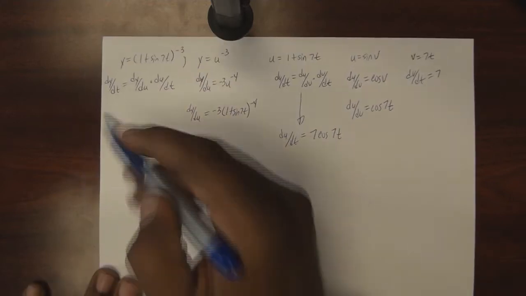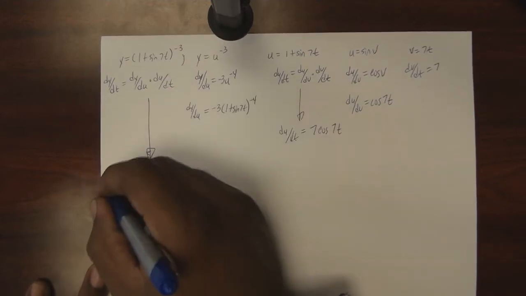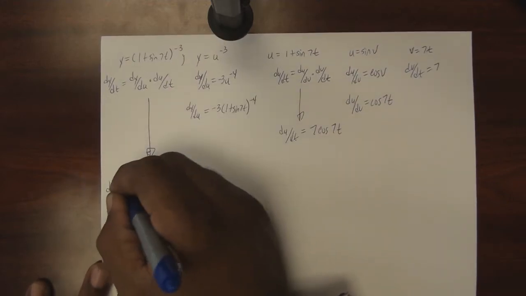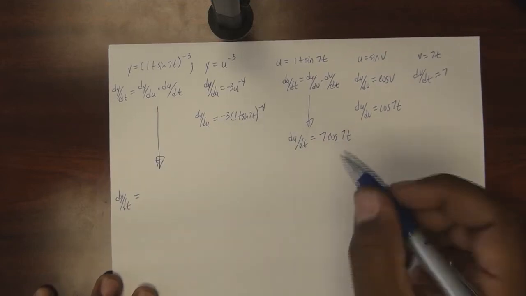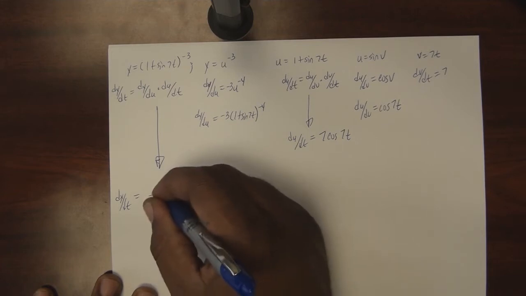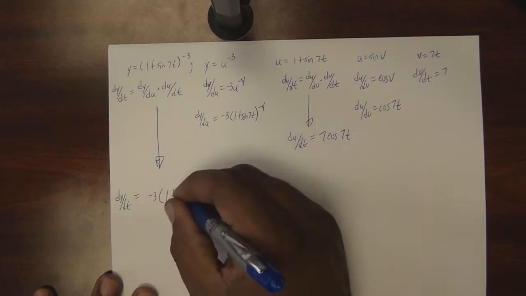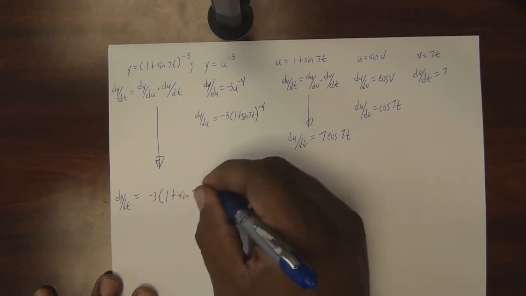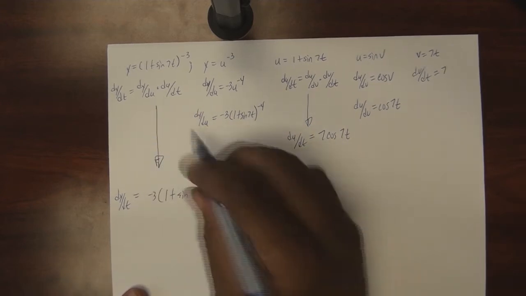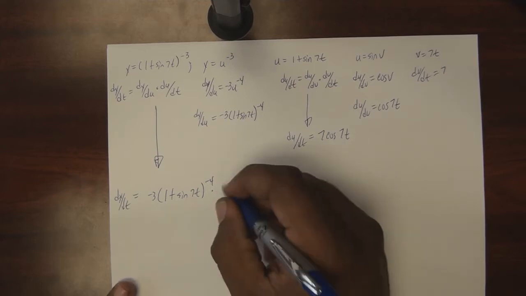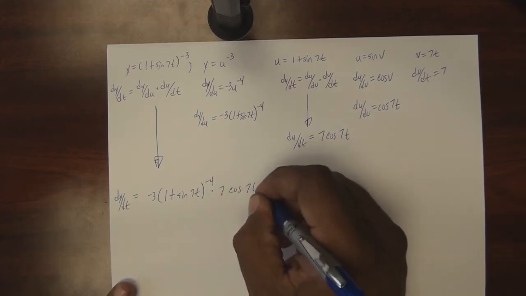Back to our original function, dy dt. We'll substitute dy du for -3 times 1 plus the sine of 7t raised to the -4th power, times du dt, which is 7 times the cosine of 7t.